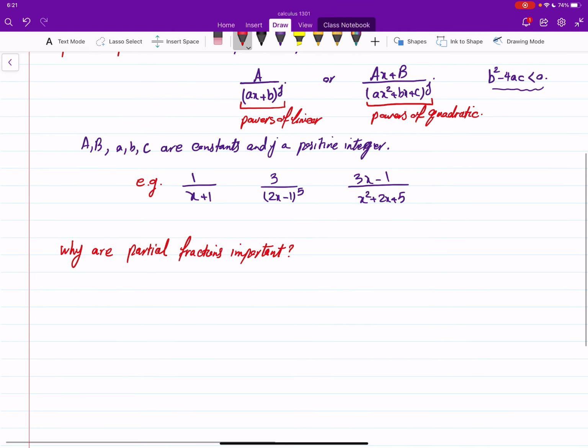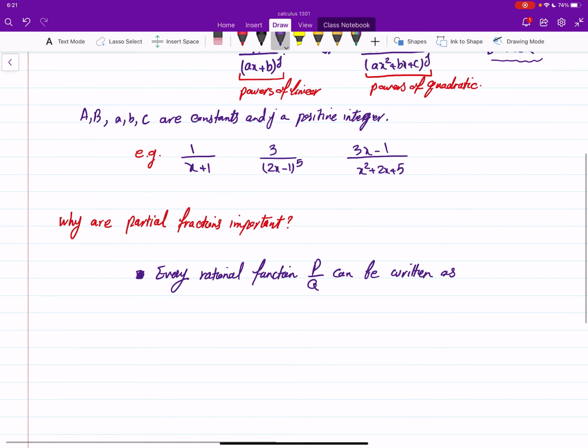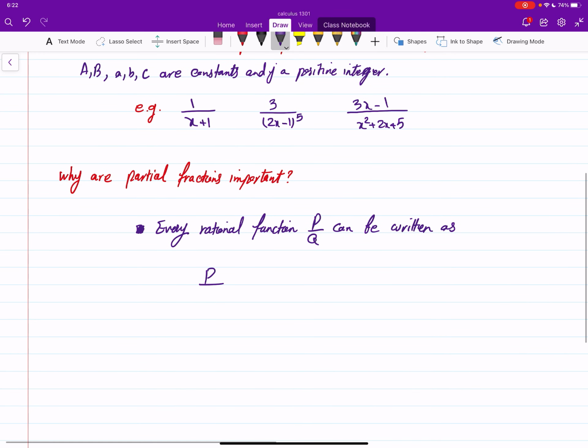So the first thing, which is a very mathematical statement, actually combining several things, you can see that every rational function P over Q can be written as, okay, so I can do every rational function as this.